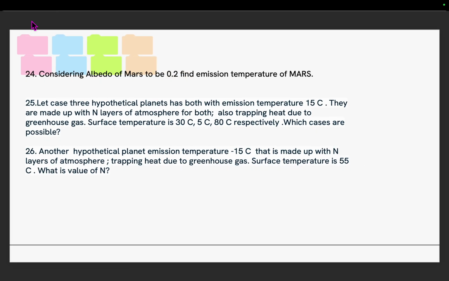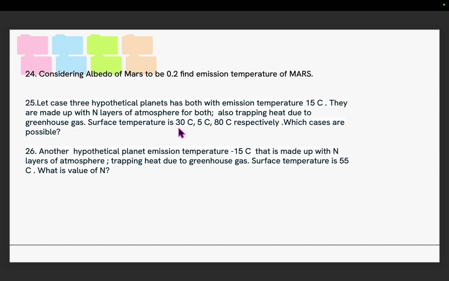Let there be three cases of hypothetical atmosphere for three hypothetical planets, and the emission temperature of all three planets is 15 degrees Celsius. They are made up of n layers of atmosphere.